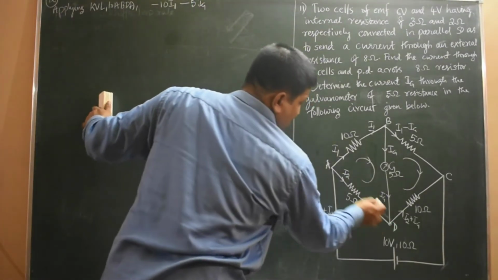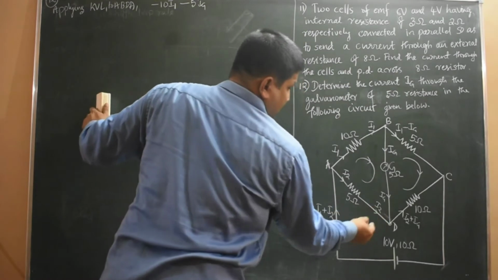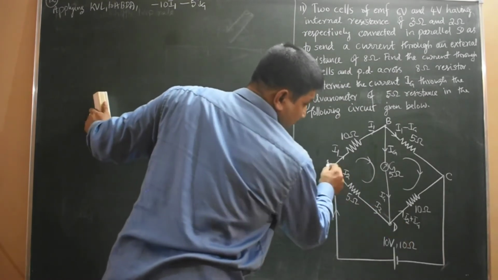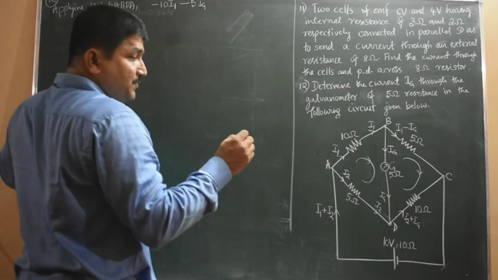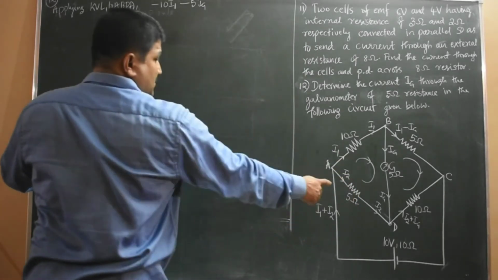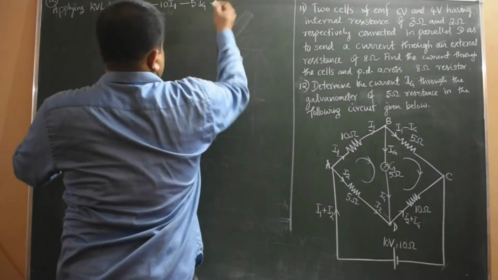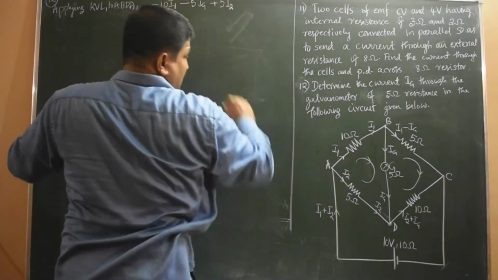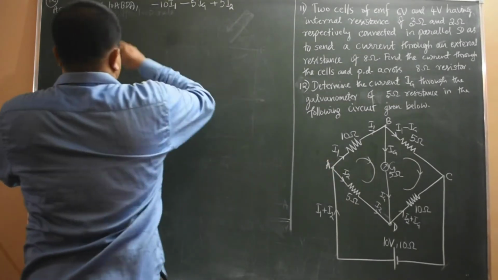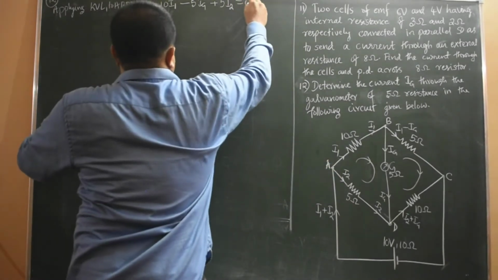Then from D to A, I2 is the current flowing A to D, but we are traversing D to A, so the I into R product is positive. So it is plus 5 I2, and we reach the point A, started at A only, so it is equal to 0.